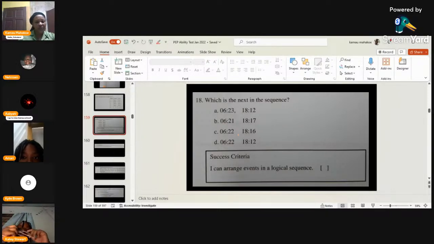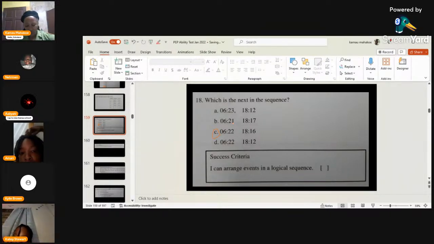I think it's close between B and C, but I would go with C. B would be kind of pushing it too much. It was taking 2 minutes, and it was really just going by 1 minute each time. So I think we should go with C.